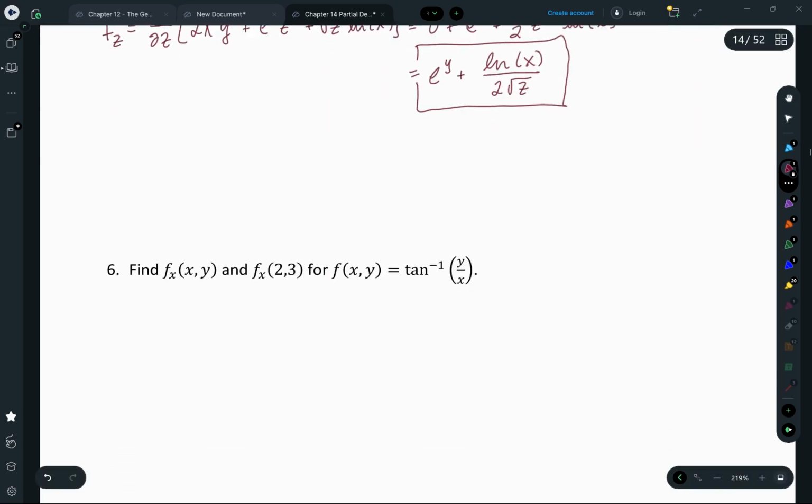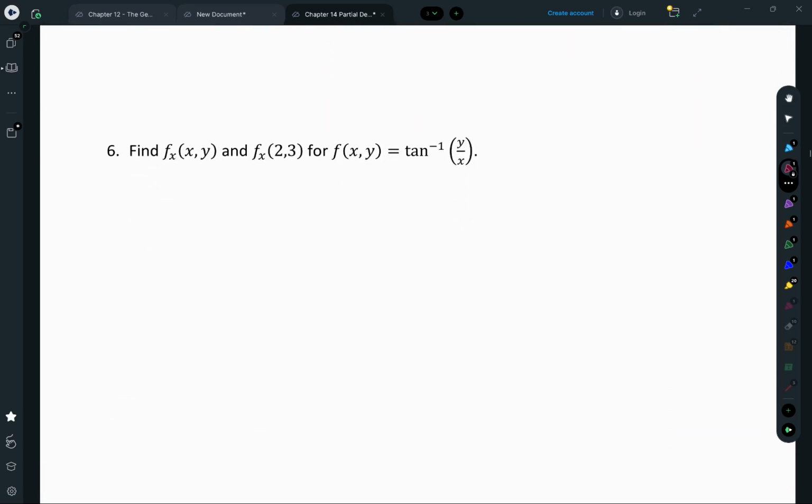Next problem, number 6. We are asked to find the first partial of f of xy with respect to x, and then we are asked to find that same first partial but evaluated at the point 2, 3. So let's see how that works. Our function f of xy is tan inverse of y over x.